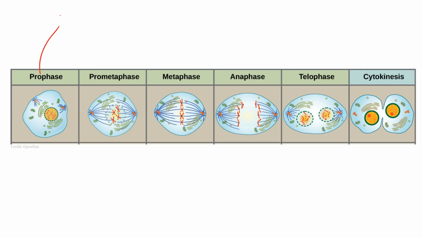In prophase, we have the nuclear envelope disappears. Another thing that happens in prophase is that the chromosomes condense.